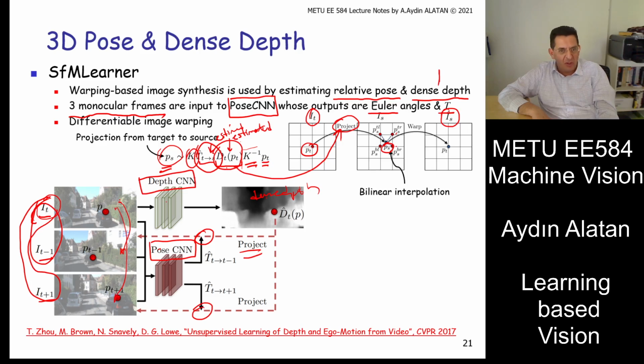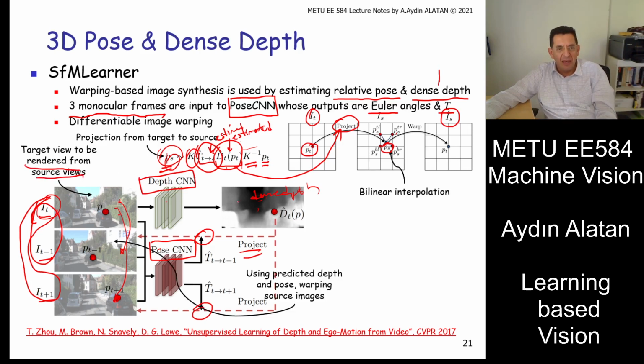Please note, once you define the dense depth at this t, from t you can obtain to here, and you can get this point back there, and through this you will be able to obtain intensity warping error, and the result, this target view, which is rendered from the source views, and using the predicted depth and the pose, we are warping the source images, okay?